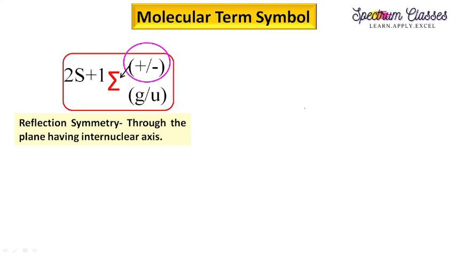Now coming to the next, I will show you how the sigma orbital behaves under reflection. As we discussed earlier, this is a polycentric molecular orbital, and it has the same sign about the internuclear axis, that is, plus plus symmetry.